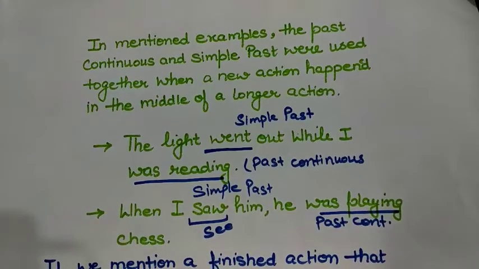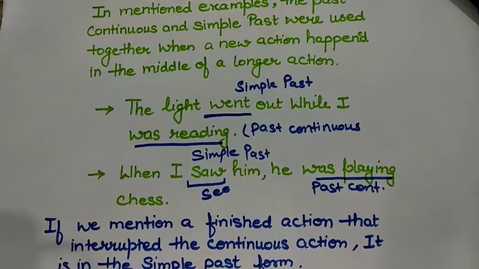Now, what have we observed in these examples? Whenever an action is finished, or we can say that action is interrupting the continuous action, we have used simple past for that.